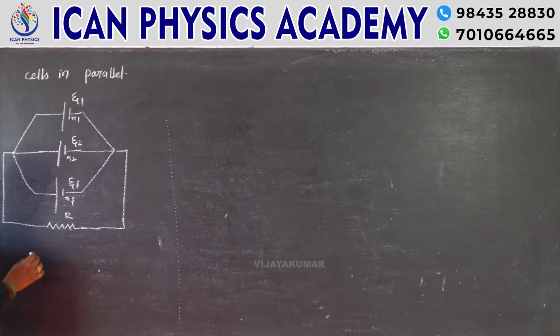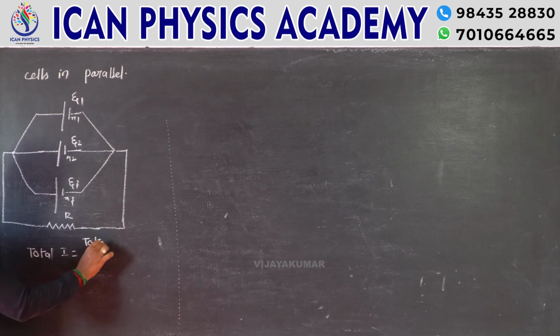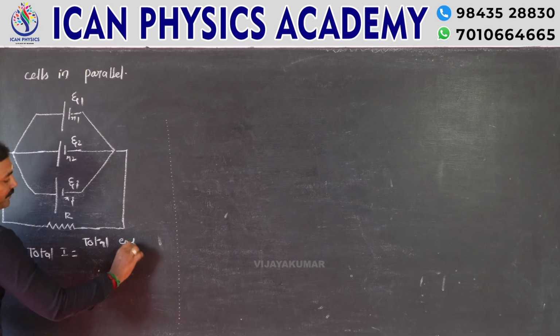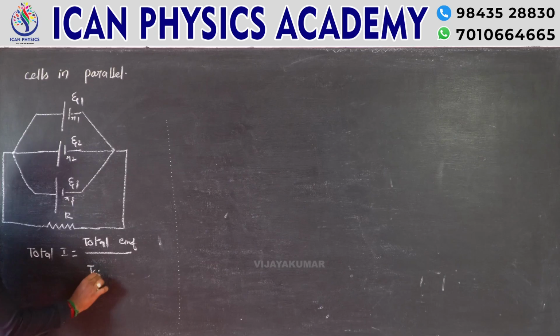So the total current equals total EMF divided by total resistance.